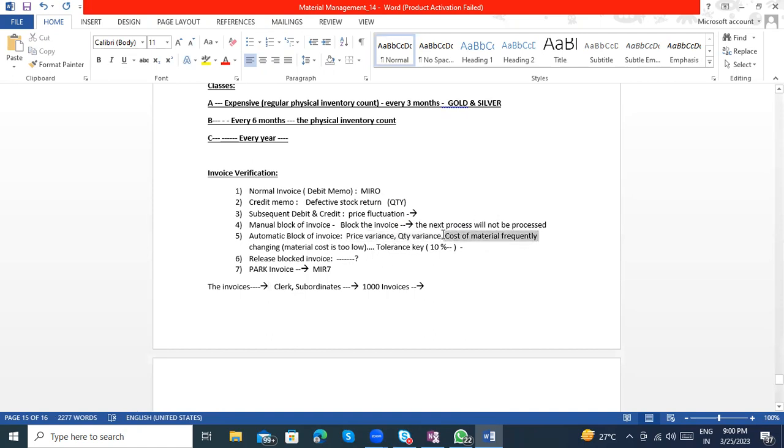If they frequently do this kind of process, at one point the system will check the material price and the cost will go to the negative side. Those are some bugs that will come.